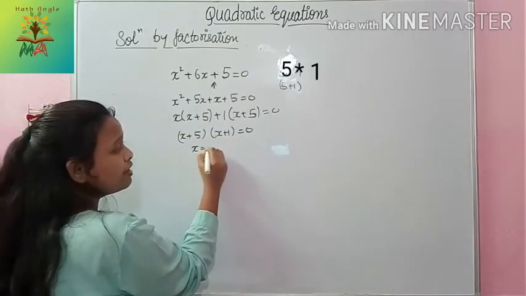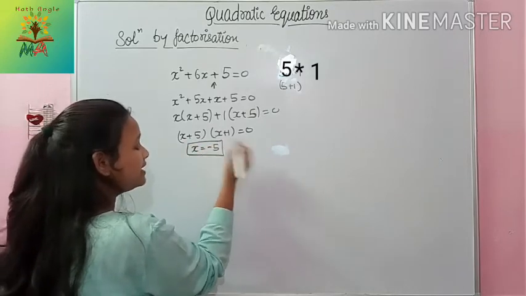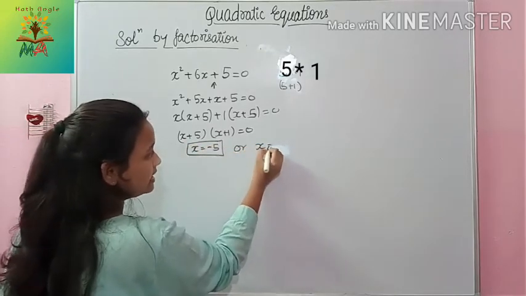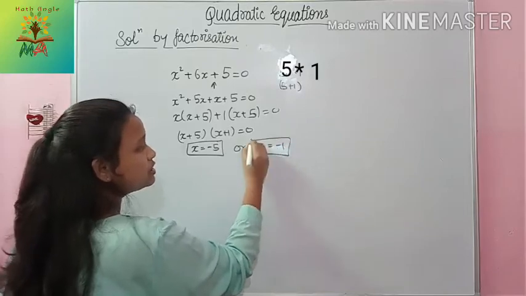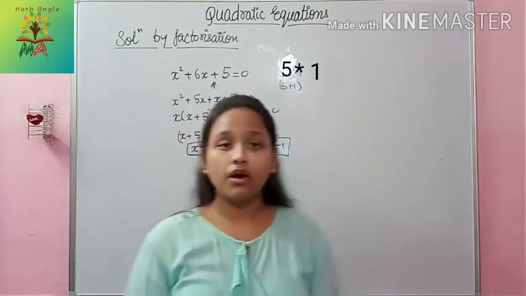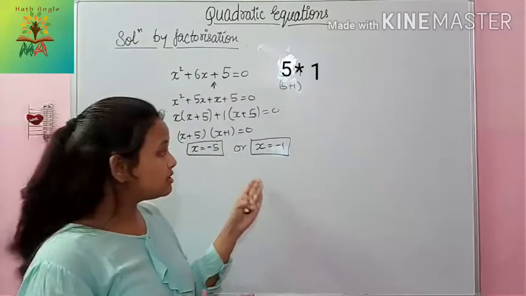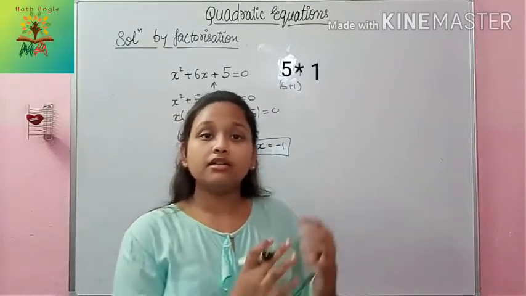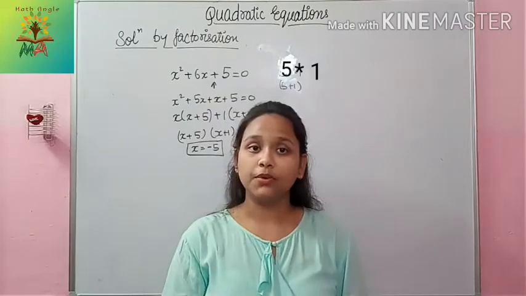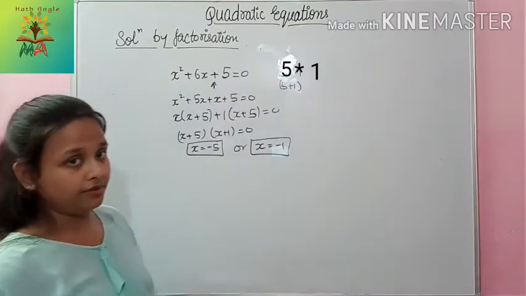So x is minus 5 or x is minus 1. So these are the roots of the equation. So x equals minus 5 and x equals minus 1 are the solutions to this equation. Please note it down.